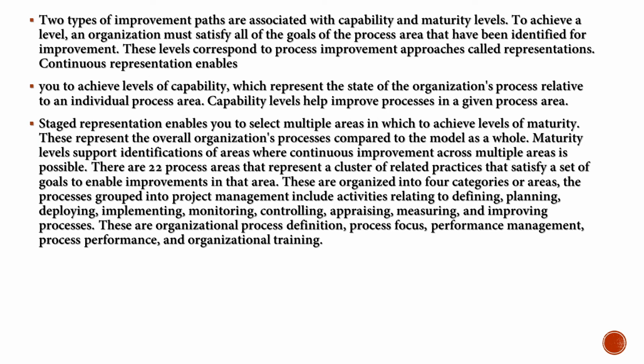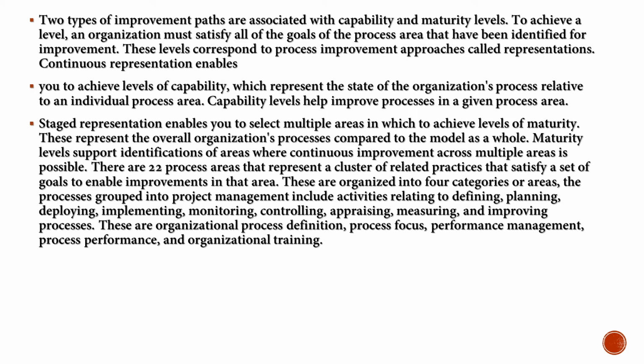So, two types of improvement paths are associated with capability and maturity levels. To achieve a level, an organization must satisfy all the goals of the process areas that have been identified for improvement. These levels correspond to process improvement approaches called representations.